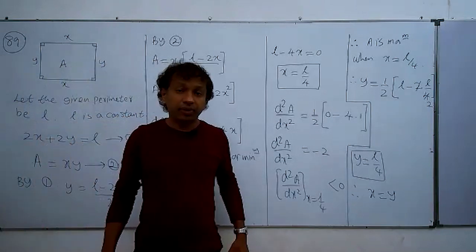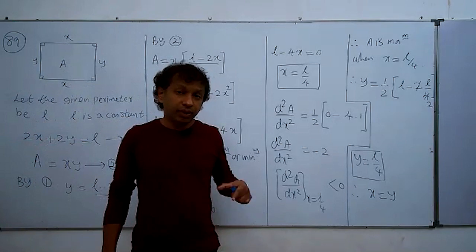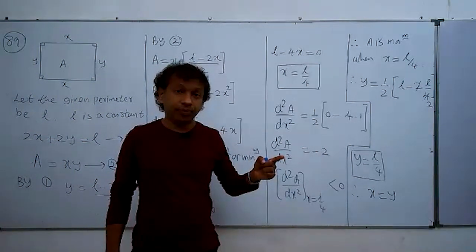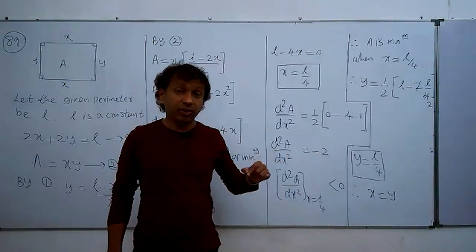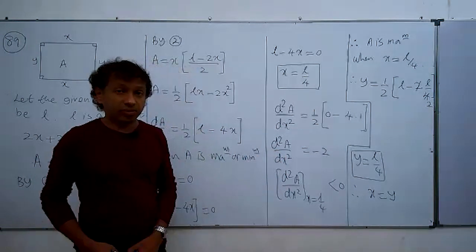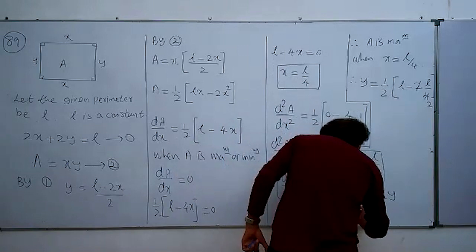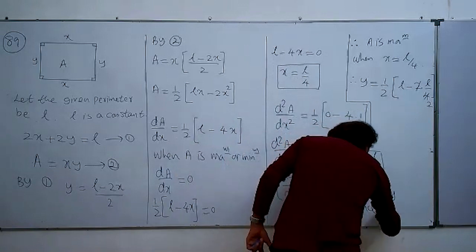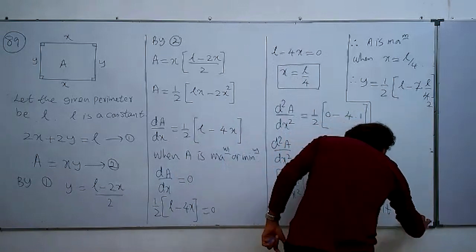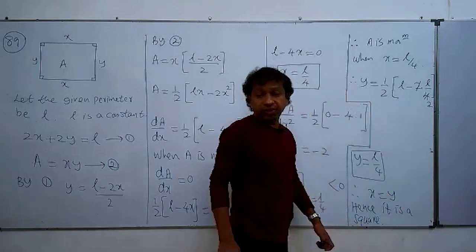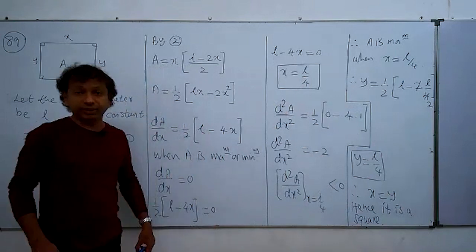Then for a given perimeter, if you draw rectangles, when the area of the rectangle is maximum, the rectangle will be a square, right? And therefore, the rectangle is a square. Hence, it is a square. That's how, people, we take the answer.